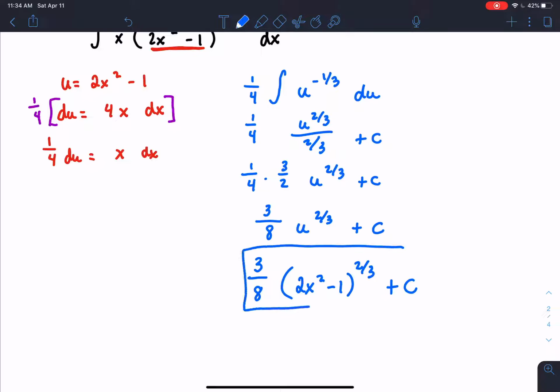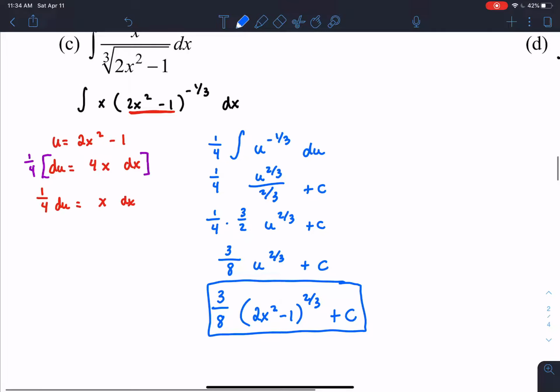And that is your final answer. So again, just remember it's a good idea to get everything on the same line with each other. So write everything on the same line.